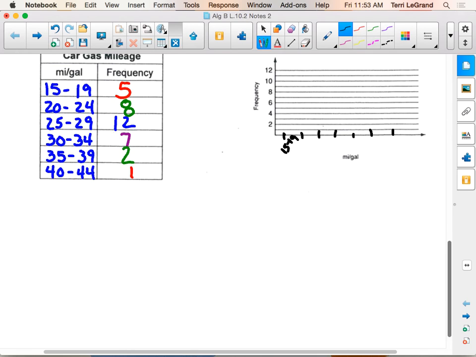Then the next interval goes from 20 to 24. That one should be labeled. Mine's not doing a very good job. Hopefully you're doing much better than my finger is on this.